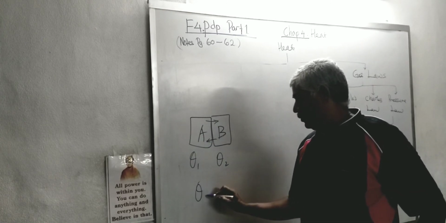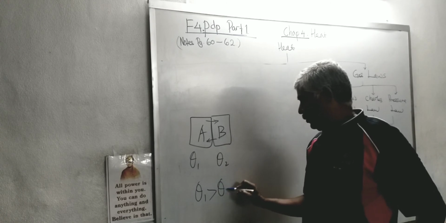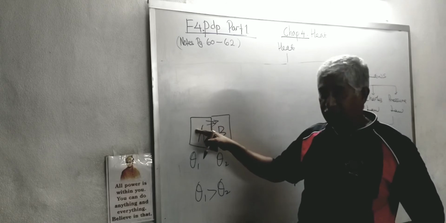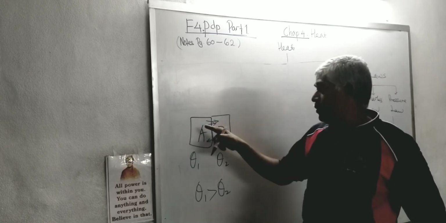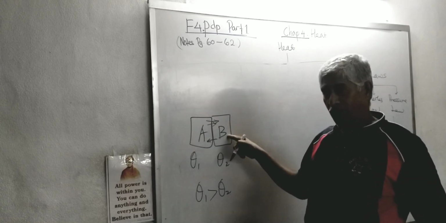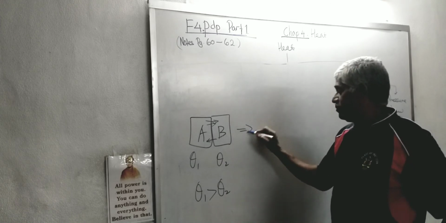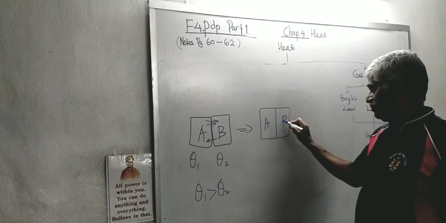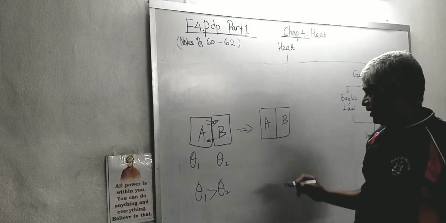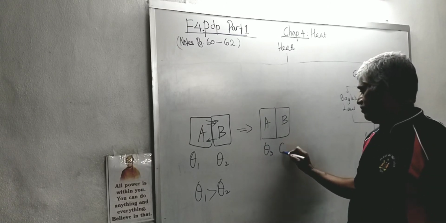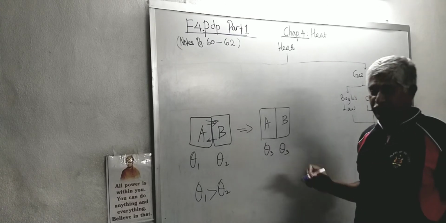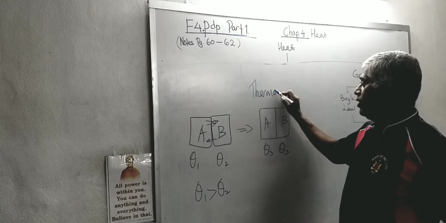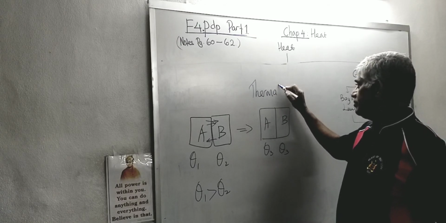If theta 1 is more than theta 2, then the heat is going to flow from the hotter object to the lower one. After some time, both objects will have the same temperature, let's say theta 3. That means they have reached a point called thermal equilibrium.